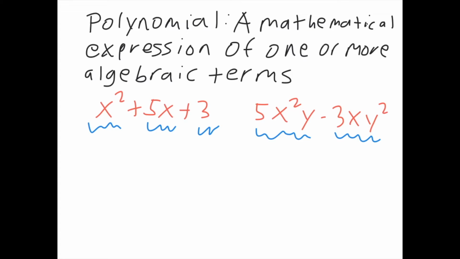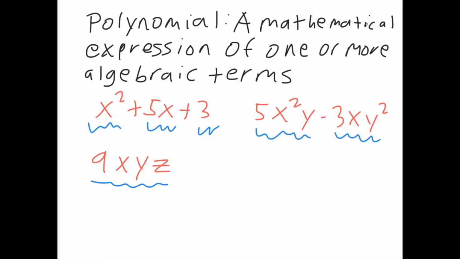So, one more. Let's say we have 9xyz. That's a polynomial. There's only one term in it, but it's a polynomial nonetheless. It's what's known as a monomial, but we'll get to that later. So polynomials are just adding different terms together.